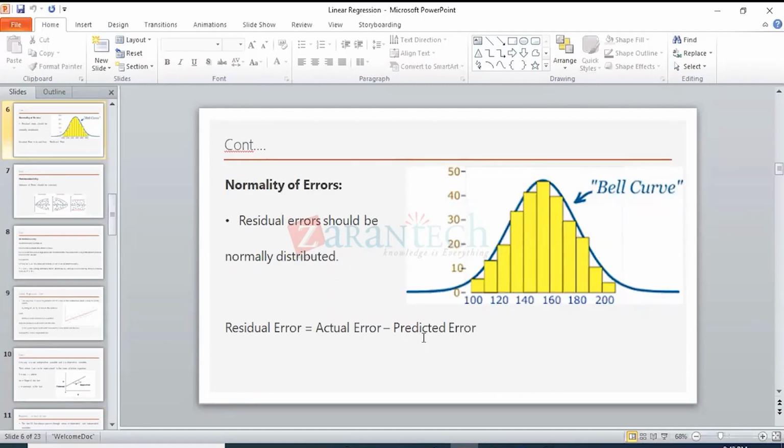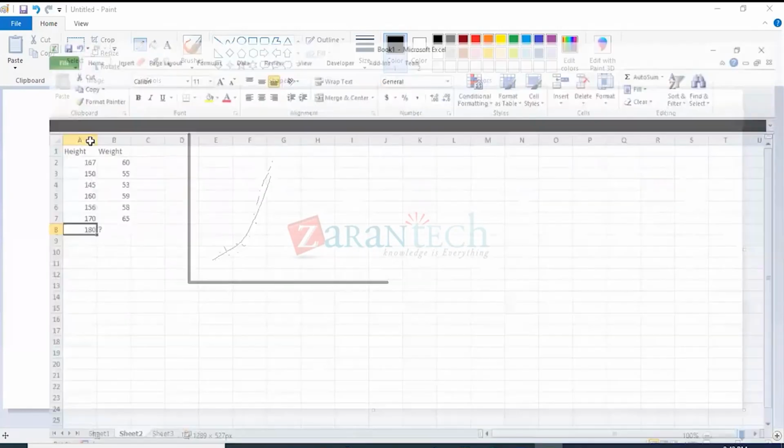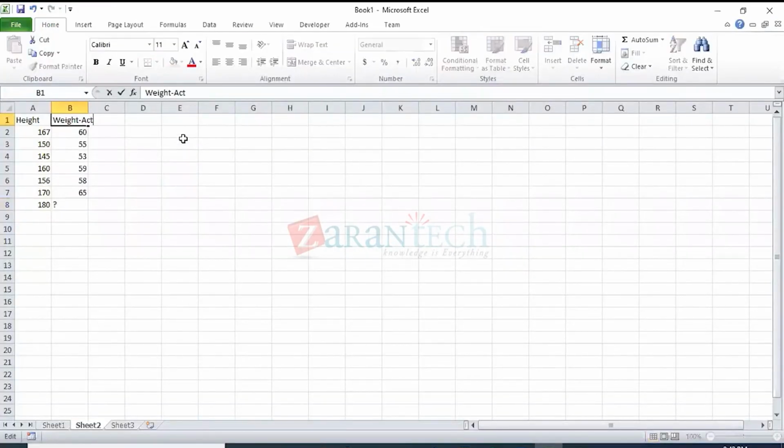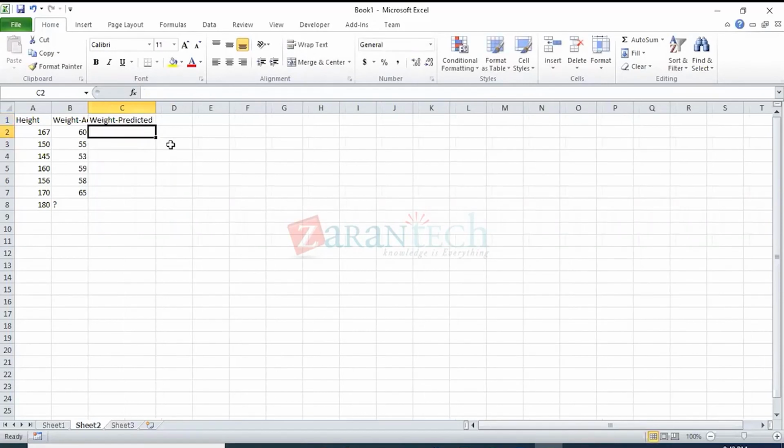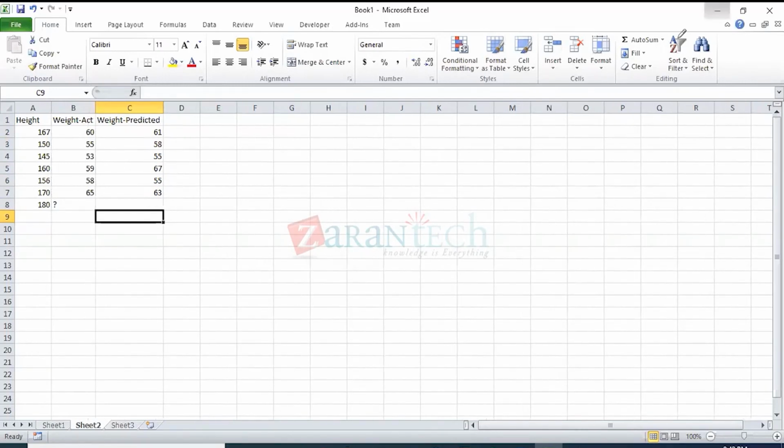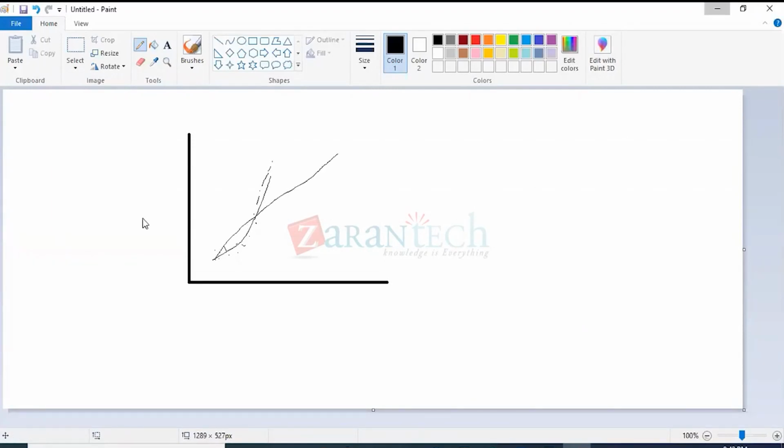Okay, normality of errors. Once a linear regression line is fit, the model will calculate a predicted value based on this best fit line.